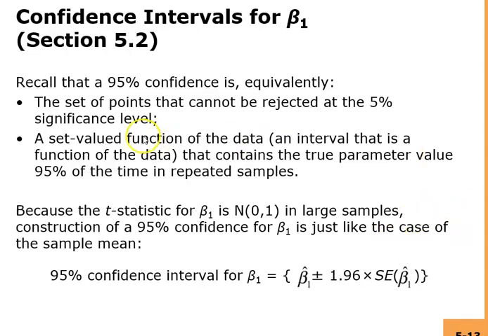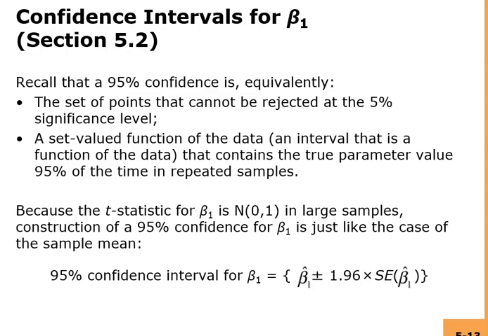The other way of looking at it is as a set-valued function of data that contains the true parameter value 95% of the time in repeated samples. In simpler terms, we are 95% sure that the true population parameter lies within this confidence interval.